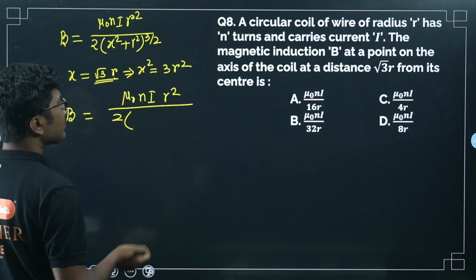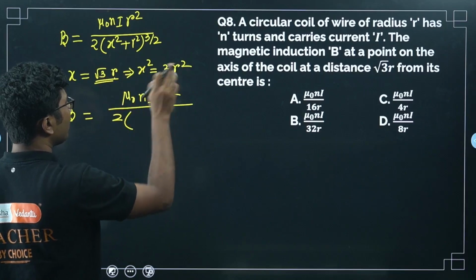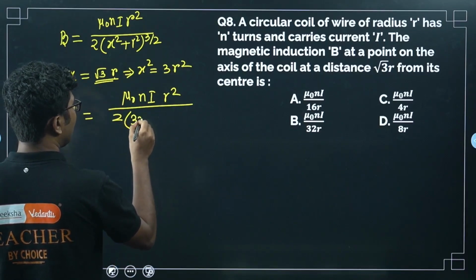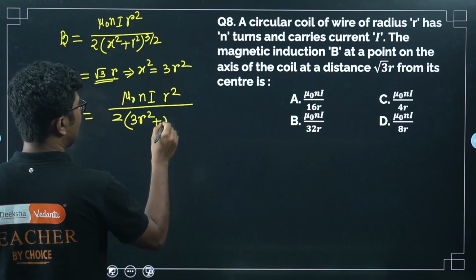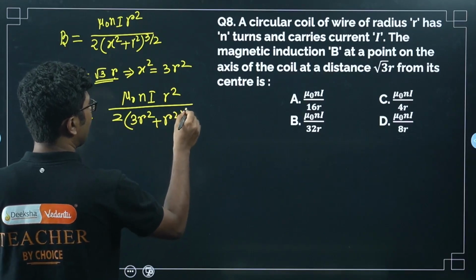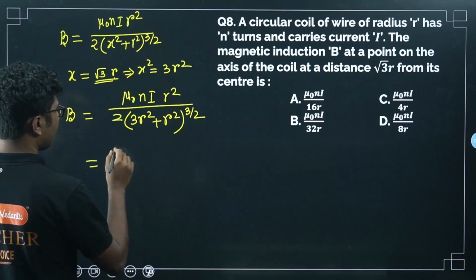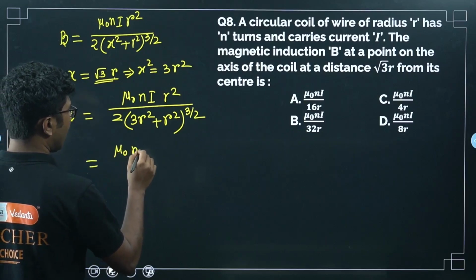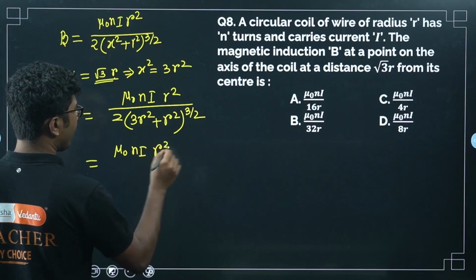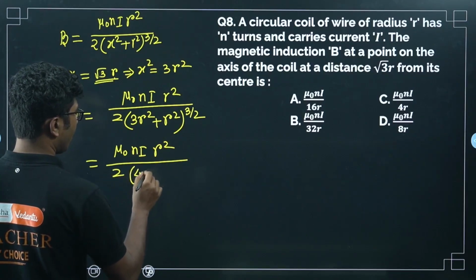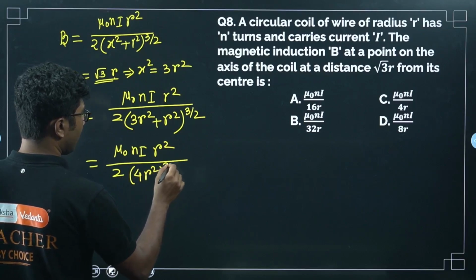So if you square both sides, √3 will become 3, r will become r square. So it will become 3r square plus r square to the power 3 by 2, right? Now solve it. Mu naught N i r square divided by 2, 4r square to the power 3 by 2.